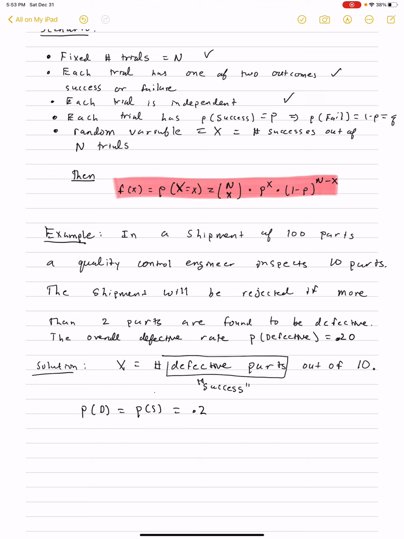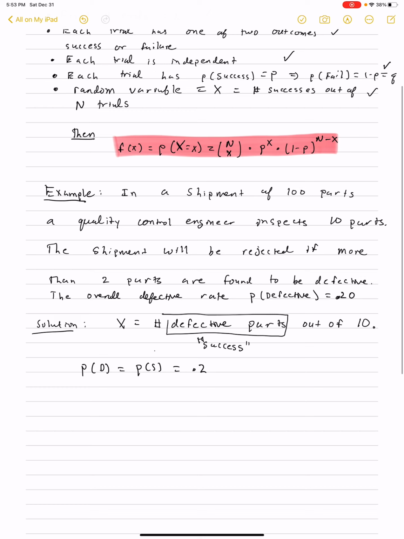Okay, and we have this probability of success fixed at 20%, and we have set up our random variable to correspond to the binomial distribution. So we can use the binomial distribution to calculate x.